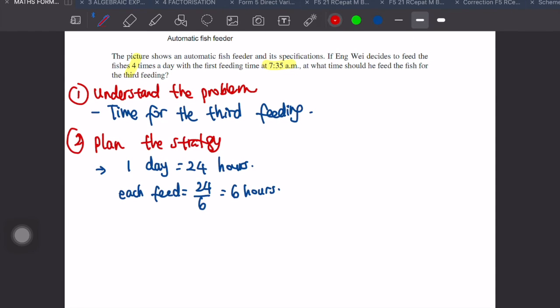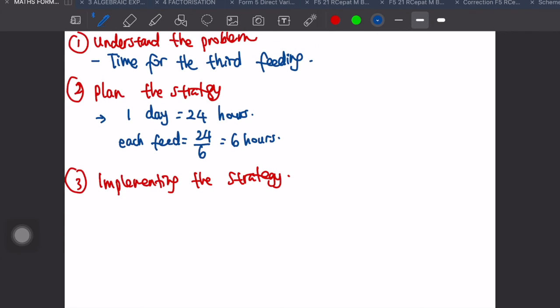Next, number 3, implementing the strategy. First you need to lay out the pattern of the time. Pattern, plus 6 hours.